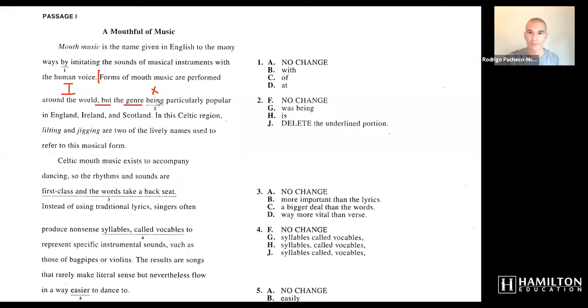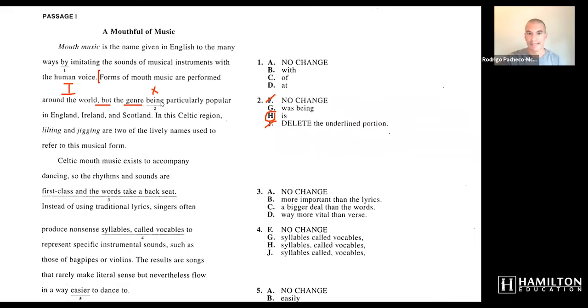The problem with F, no change, being, is that this is a participle or perhaps a gerund, but what we need here is a conjugated verb, so we can eliminate F. We can also eliminate J because we need a verb. We don't want to delete the underlined portion. So we're between G and H. Our correct answer here is H.